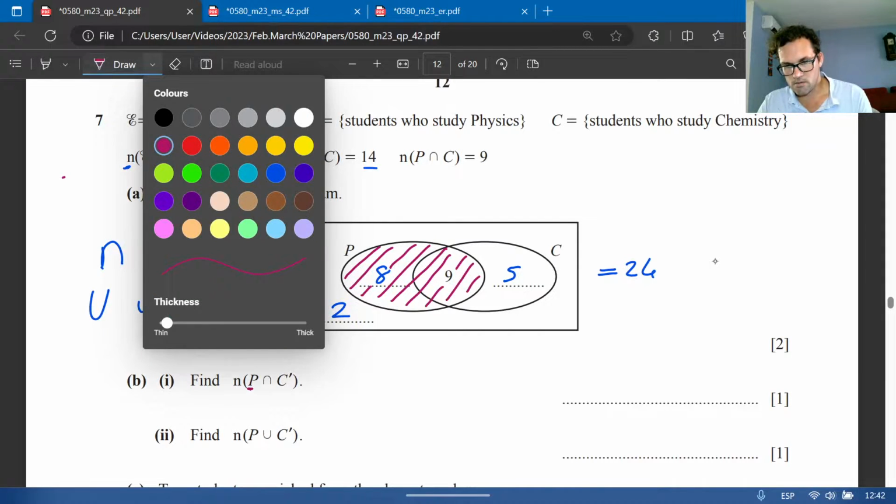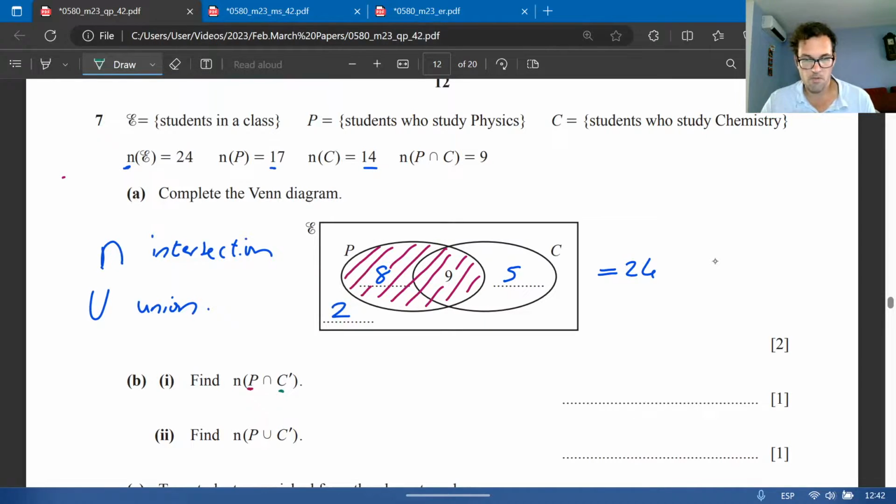Let's then shade in green the complement of C. So the complement of C is everything that is not C. So we can shade everything that is not C. Okay, so it does not include the 9, but includes the 8. Okay, you see that? This is green and purple. Now we're ready to get the answer.